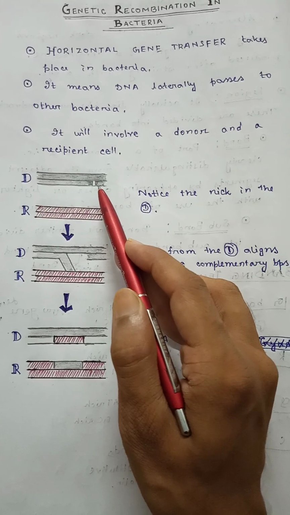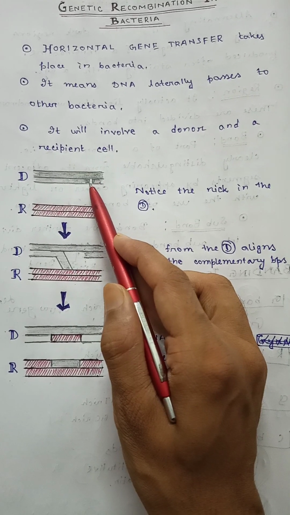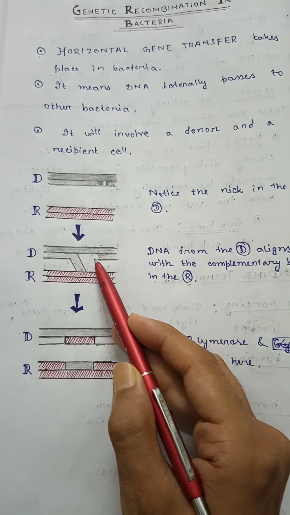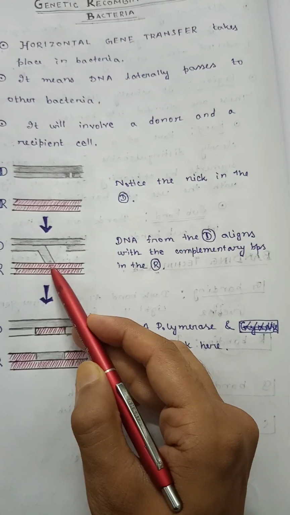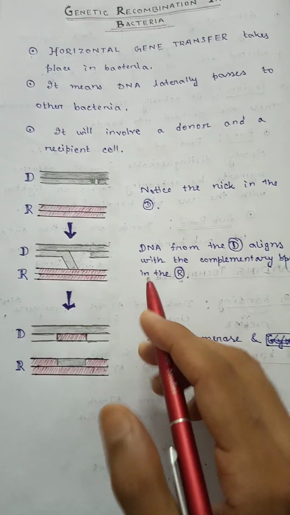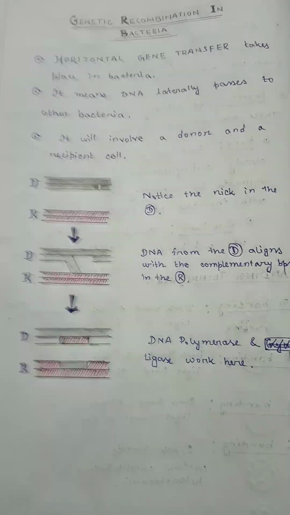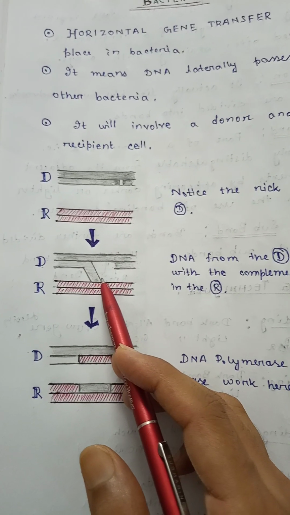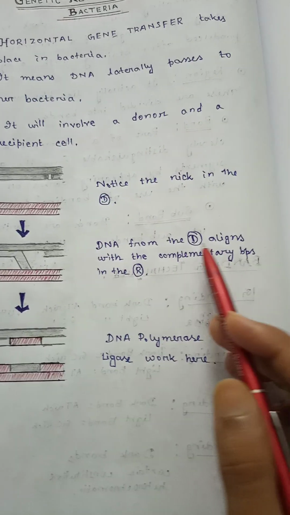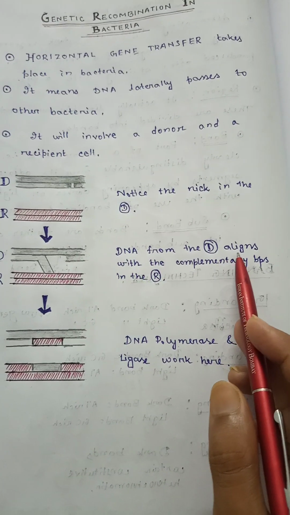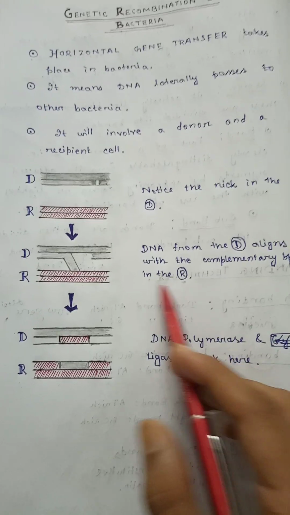So here you can see this is going to be cut and it's going to be merged here, but it can't join just any part of this recipient, right? So what happens is, DNA from the donor only aligns with the complementary base pairs of the recipient.